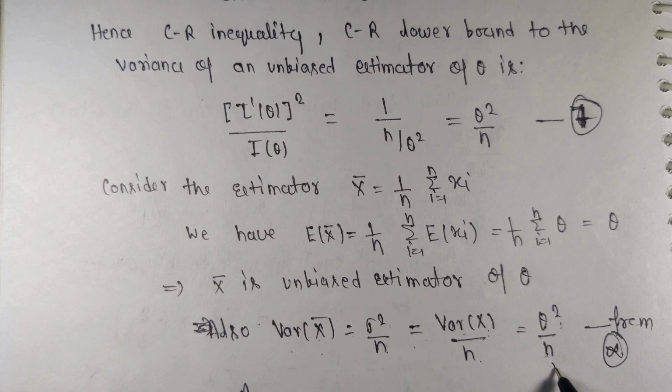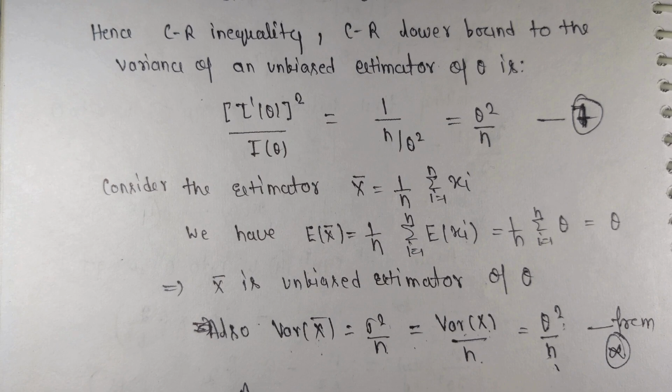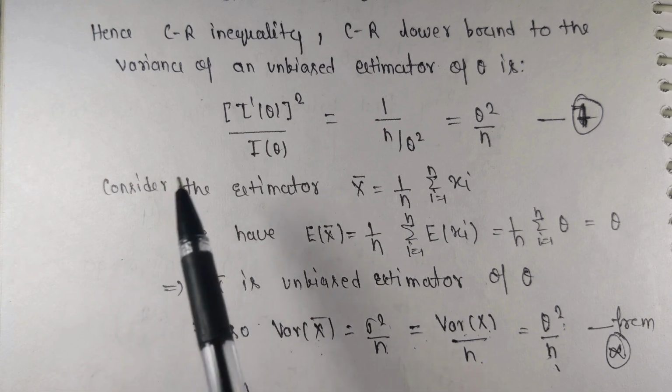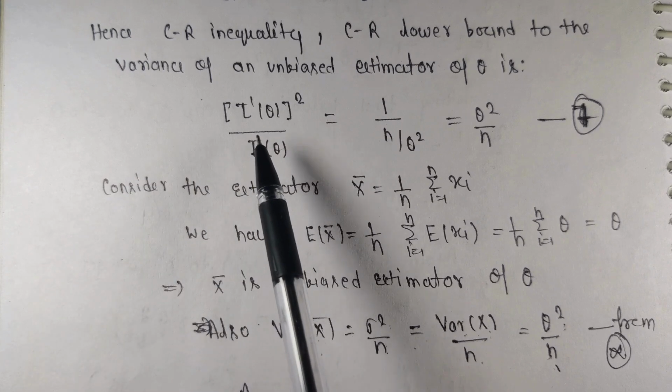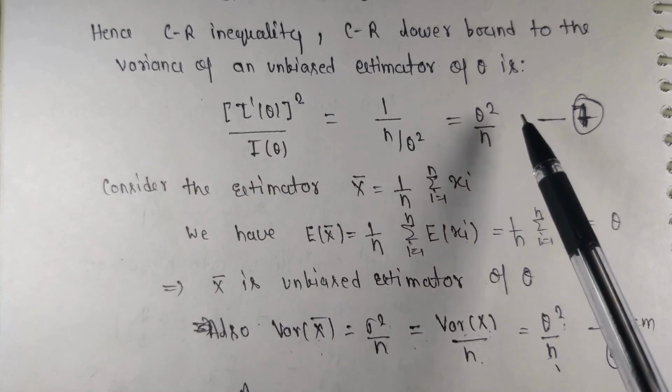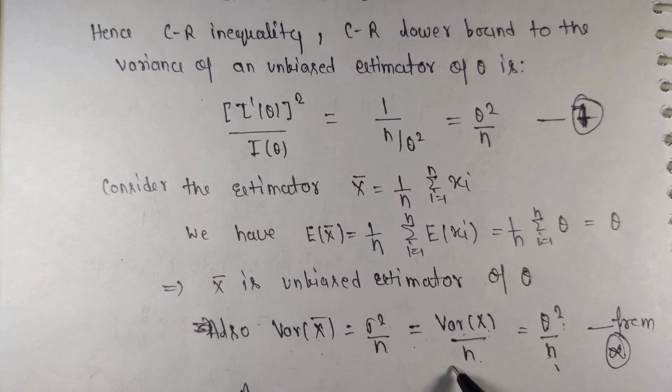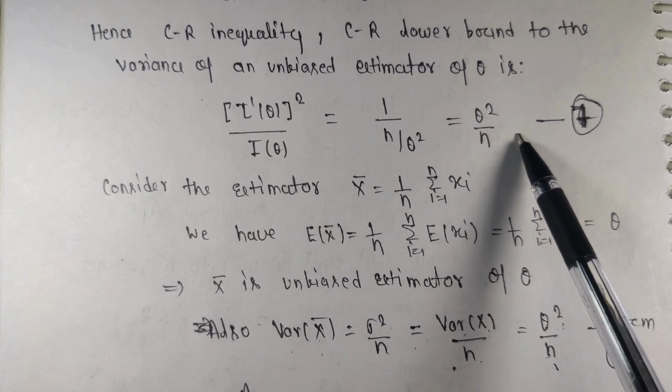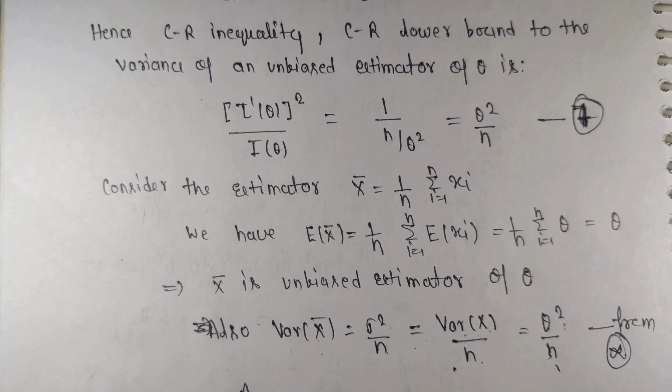Okay, and I(theta) is n upon theta square, and the lower bound of variance of an unbiased estimator is theta square by n. So this value is equal to this value. That means a minimum variance bound estimator for theta exists here. Okay, so we can conclude that.